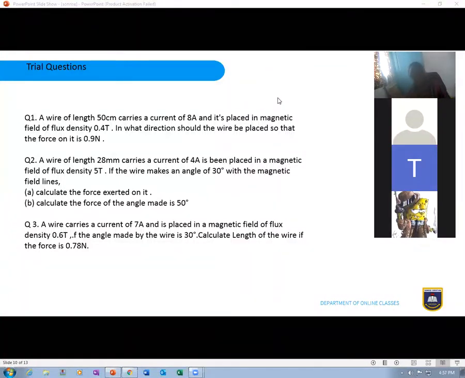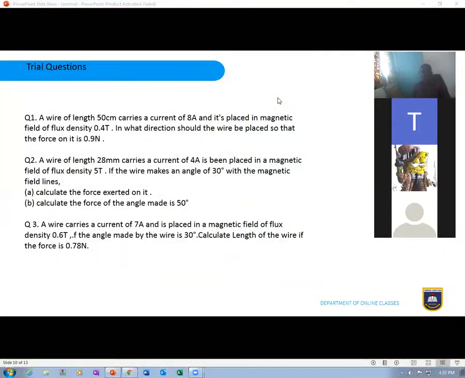Actually, the direction doesn't mean you mention the northeast, you are just to calculate the angle. So anytime you are asked the direction, just calculate the angle, which is theta. Okay. So tell us how you did it.